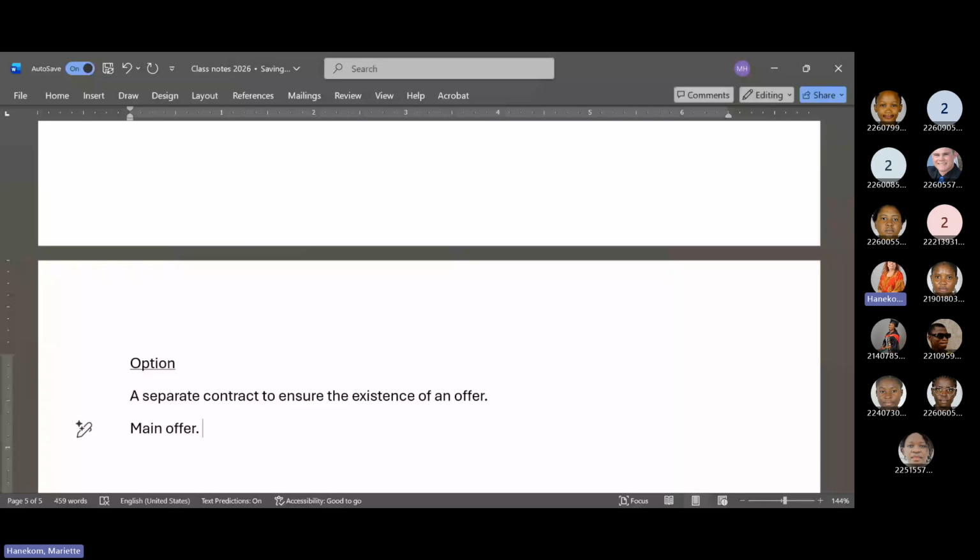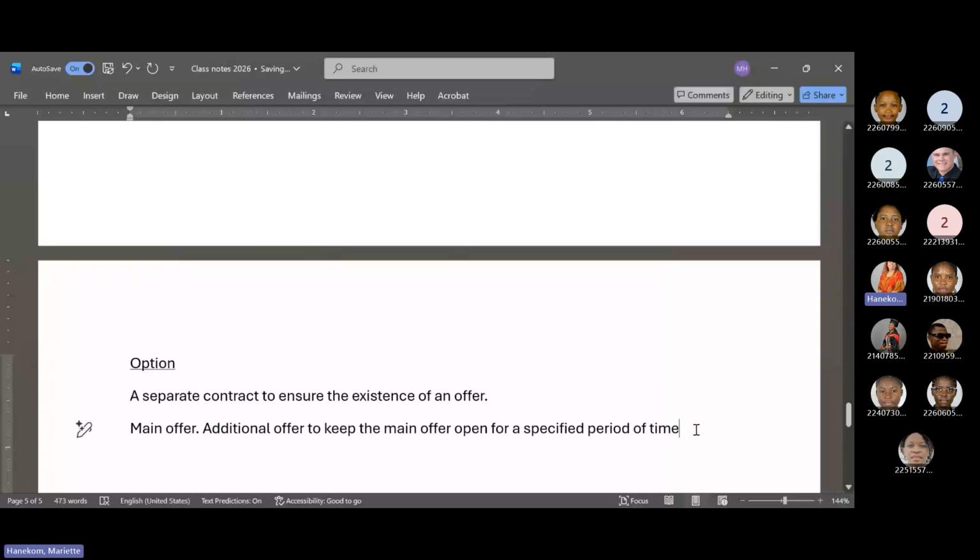And then they're coupled with a separate agreement. So there's an additional offer to keep the main offer open for a specified period of time.